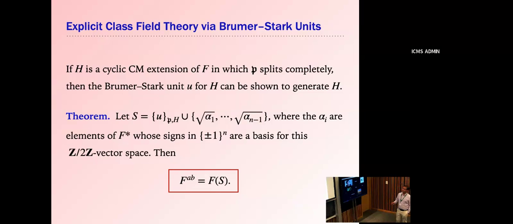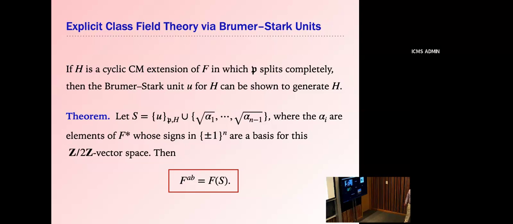So there are certain units that I'm going to define, called u. If you take all of them together and adjoin them to F, then you basically get the maximal abelian extension of F, except that the u's only generate CM extensions. To get extensions of more general signature, you need to throw in square roots of elements alpha with arbitrary possible sign, and then that gives you everything. These alphas are just elements of F, so they're easy to write down, and the u's are the really correct elements.